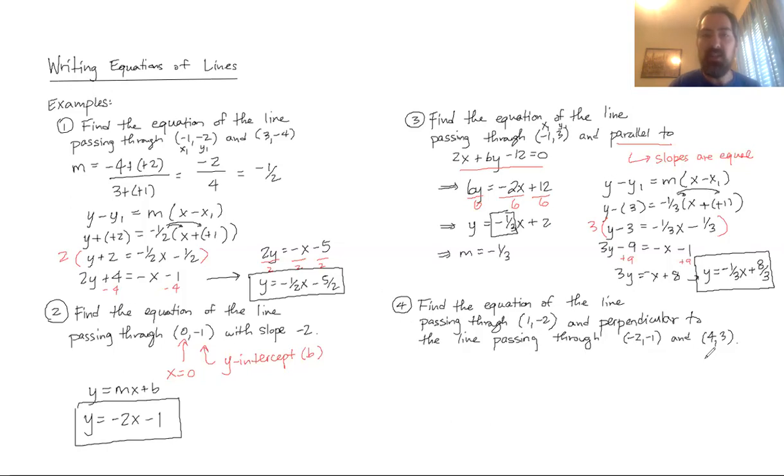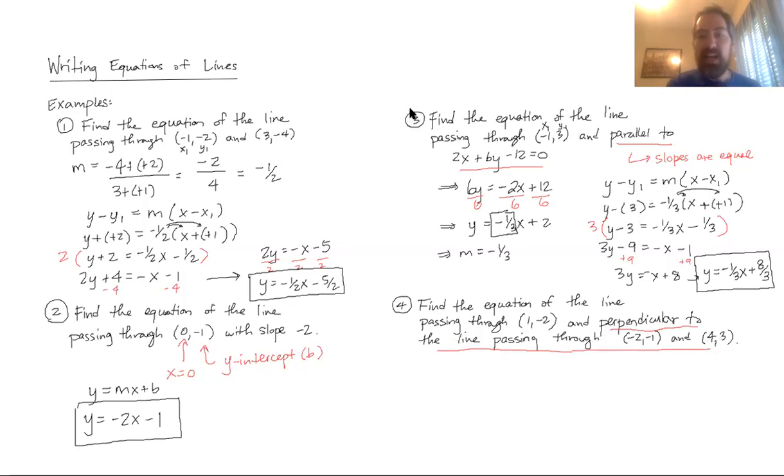Am I given the slope? No, I'm not given the slope. So do I have enough information to find the slope? Hopefully, yes. This is the information that I can use to find the slope of the line I'm trying to find. I'm given that this line is perpendicular to the line passing through -2, -1, and 4, 3.